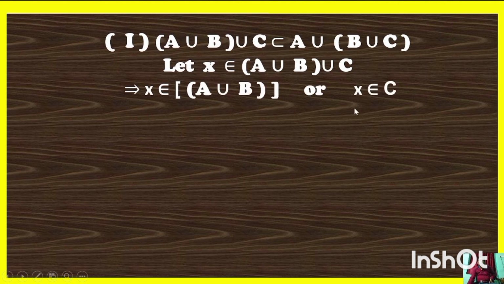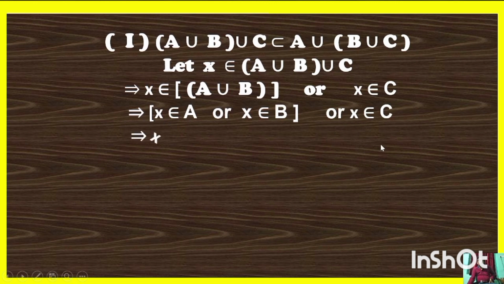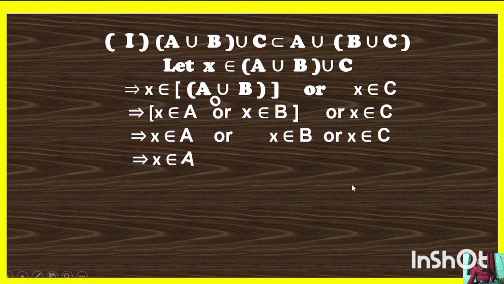It means X belongs to A union B, or X belongs to C. Understand? And X belongs to A union B means, as we already know from set-builder methods, X belongs to A or X belongs to B, or X belongs to C. We can rearrange: if X belongs to A or X belongs to B or X belongs to C, we remove the bracket. Understand?